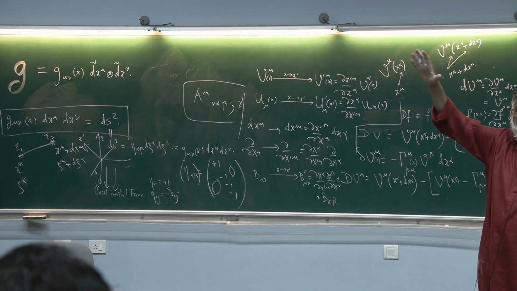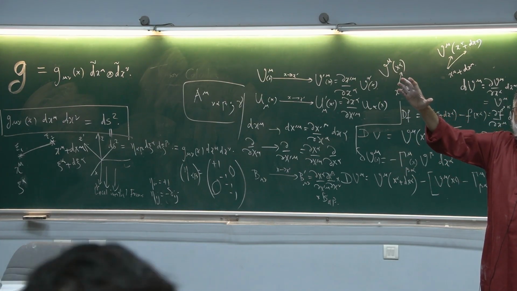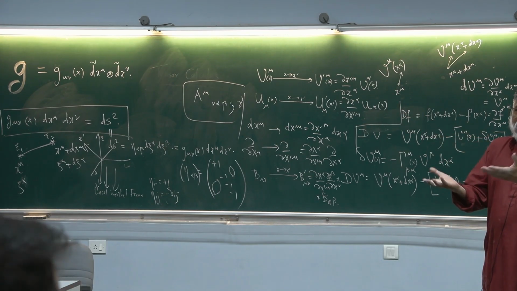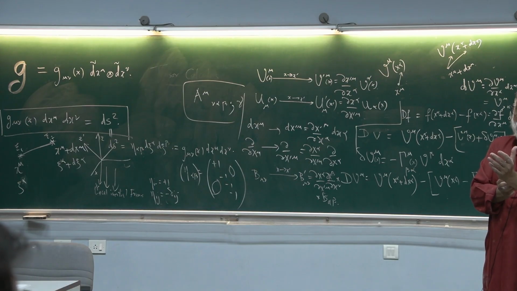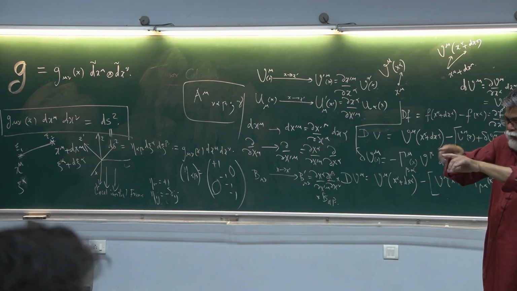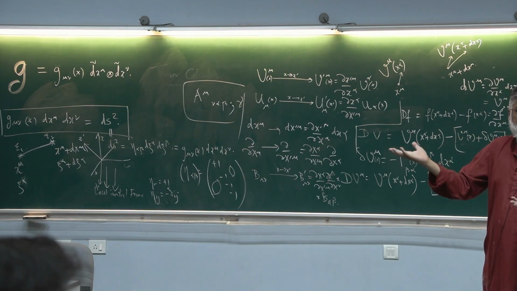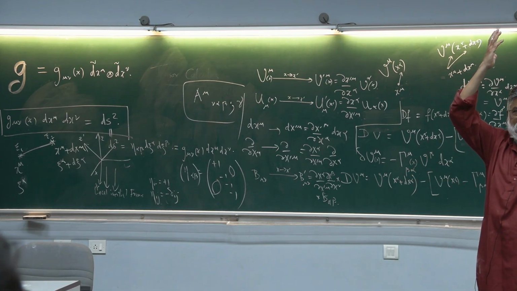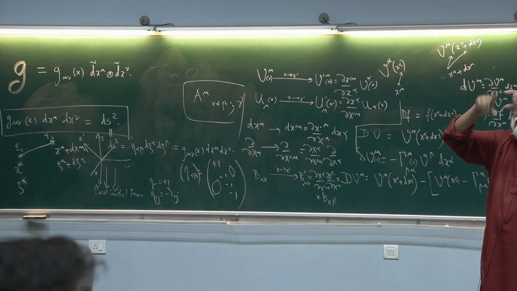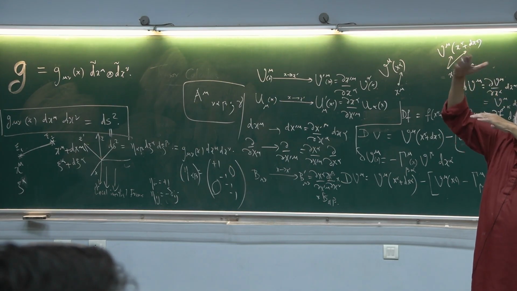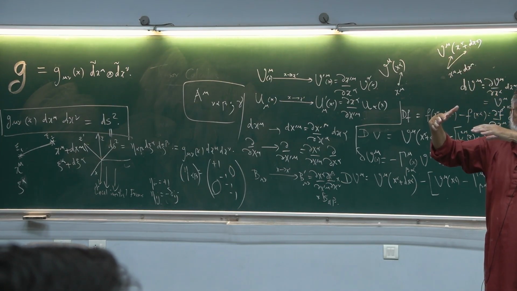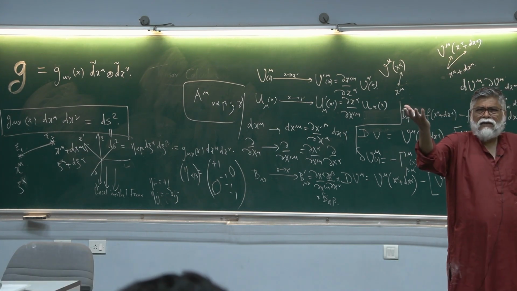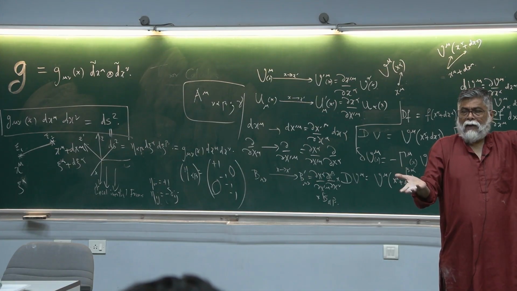So if you take F mu nu as the electromagnetic field tensor, is there a physical significance of F mu nu having mu nu downstairs? The answer is no. In flat space time I can use the Minkowski metric to raise the indices. That's all. I can have F mu nu upstairs using the Minkowski metric, because upstairs and downstairs, if you have a metric, are the same.